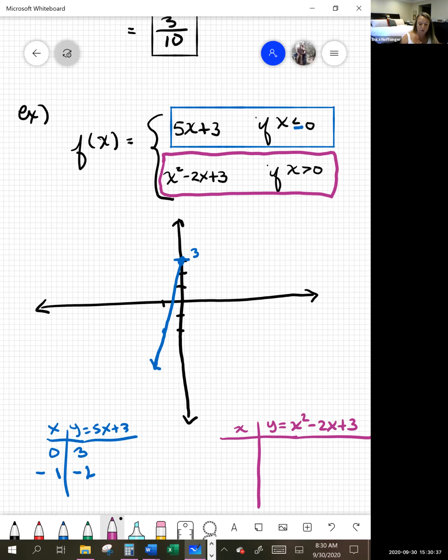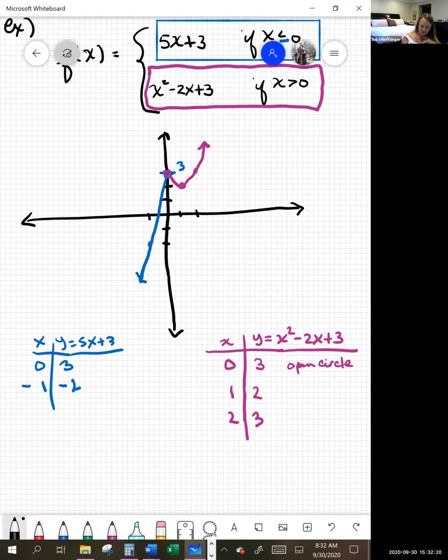Select, is this graph discontinuous, and if so, where? Well, 5x plus 3, that's a polynomial.